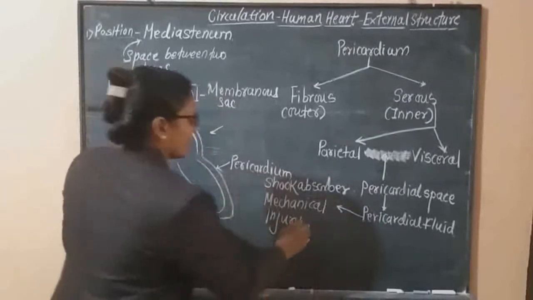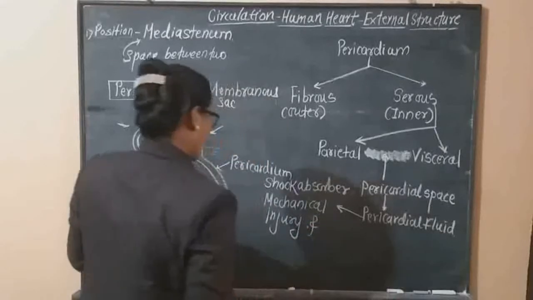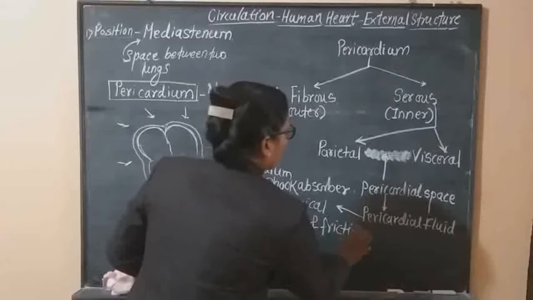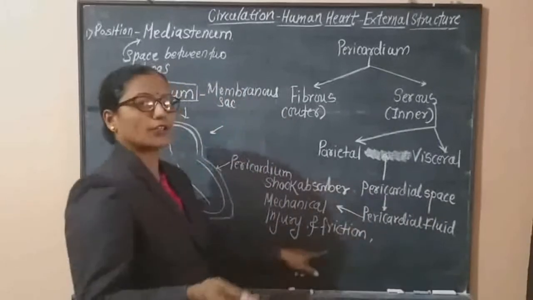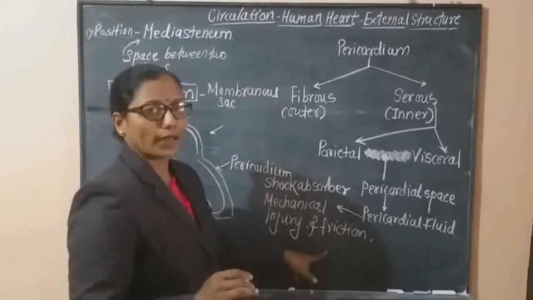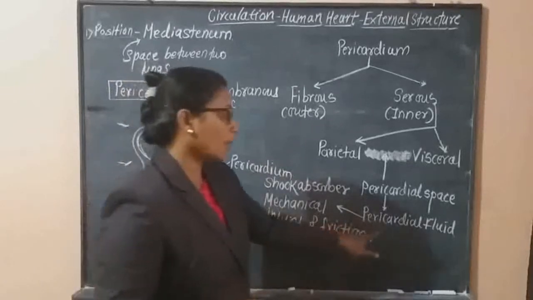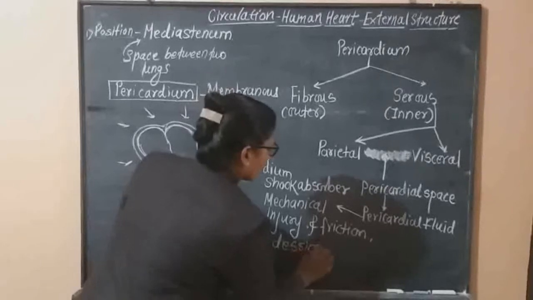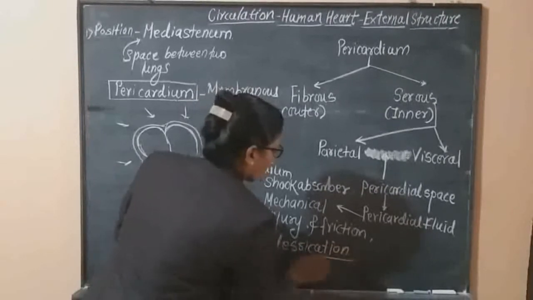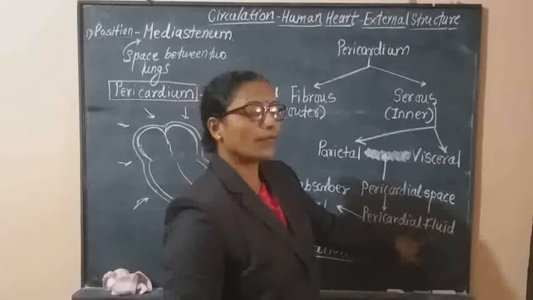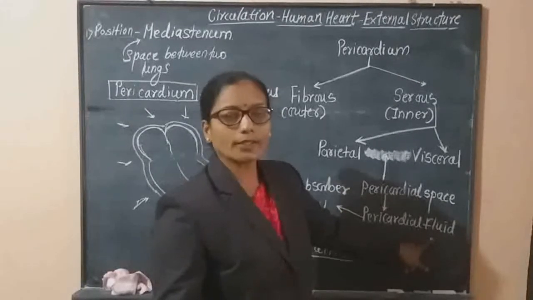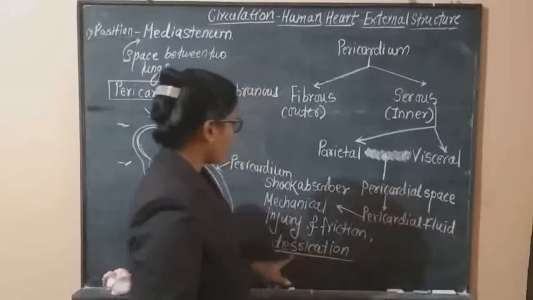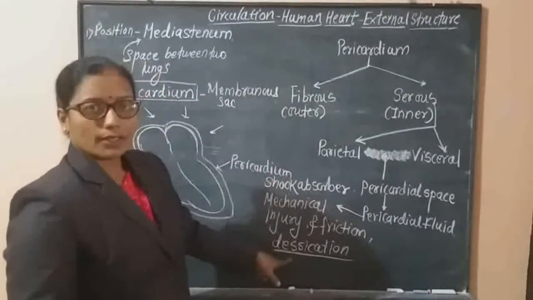It is also responsible for avoiding friction during the continuous contraction and relaxation. Also, this pericardial fluid prevents desiccation of the tissues, because due to this fluid the heart wall or heart tissues are kept in a moist condition. It is very important to prevent desiccation.